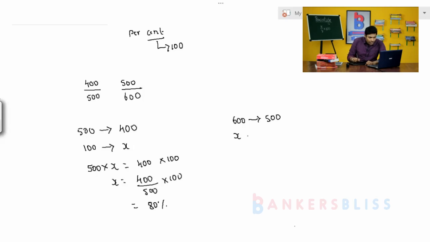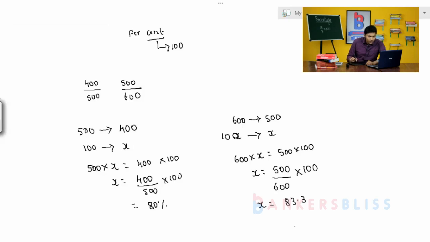Then for 100, how much are you going to score? Again you cross multiply, 600 into x is equal to 500 into 100. Next, x is equal to 500 by 600 into 100. So x is equal to 83.33%.